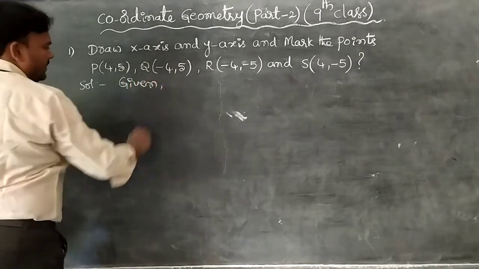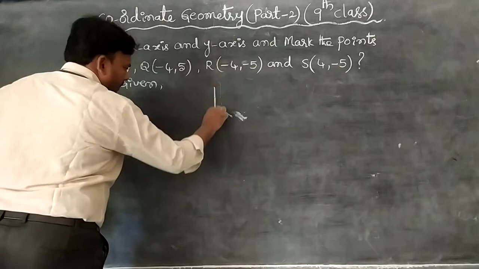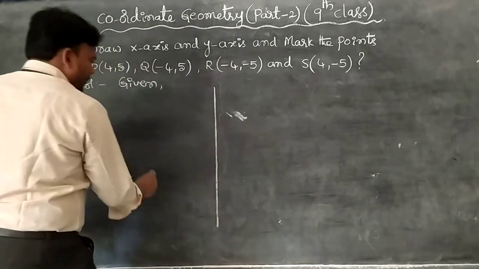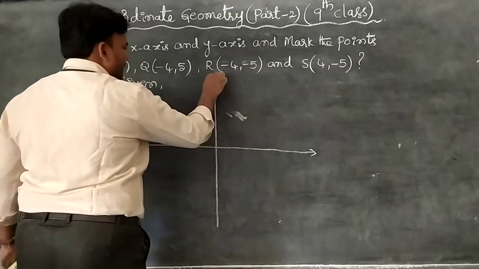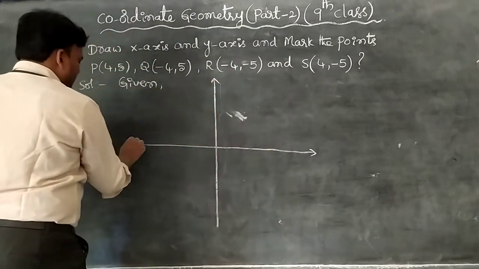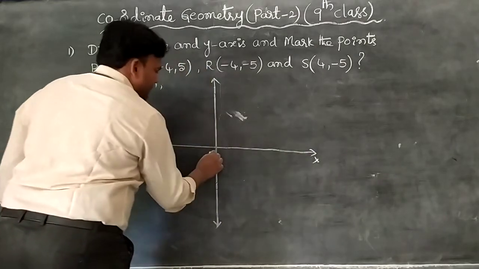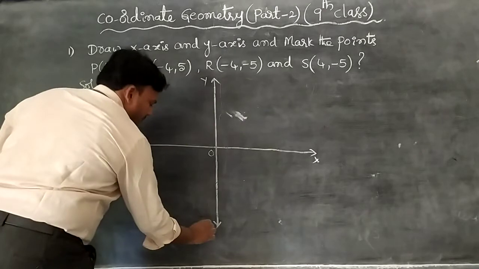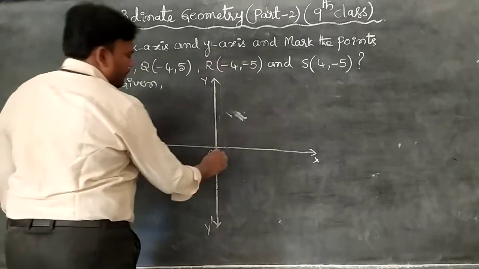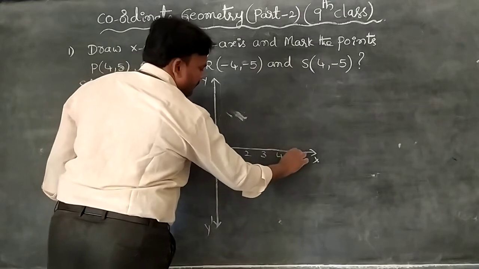On a graph sheet or any paper, first draw the coordinate axes. You know very well the angle between the x and y axes is 90 degrees. Let me consider x'Ox as the x-axis and y'Oy as the y-axis. From the right side 1, 2, 3, 4, 5.